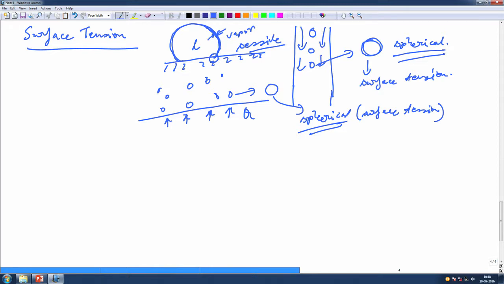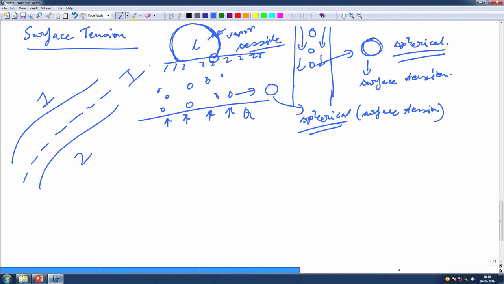Now, for analyzing the surface tension we basically use the same form that we had earlier. That means this is 1, this is 2 and this is basically the interface. So, surface tension is not just for spherical droplets, it can happen for any types of liquid structures also.